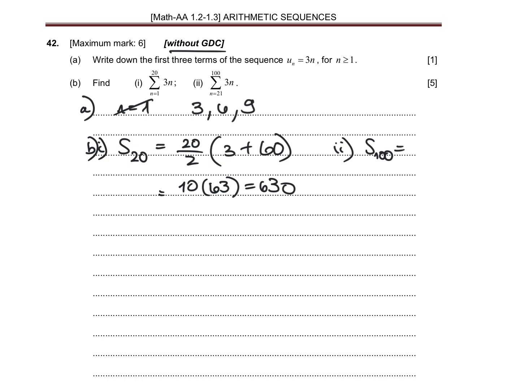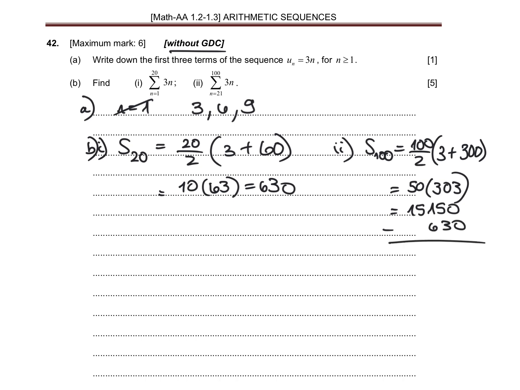So, sum of 100 terms, and we have the first term is going to be 3, and the last term when we substitute in 100, that's 300, and so that's going to be 50 times 303, so that will be 15,150, and we want to subtract away 630.